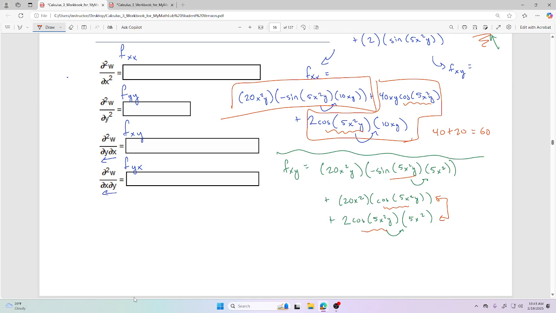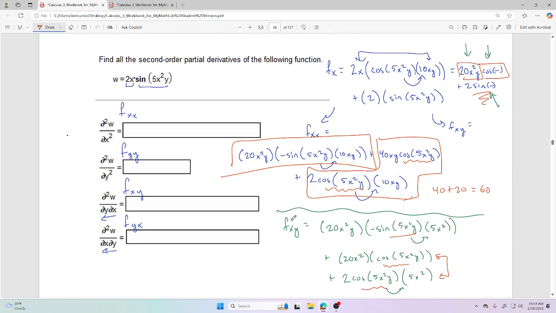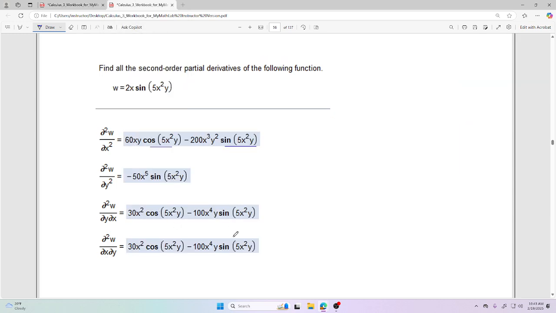Did I mess up somewhere? I must have messed up somewhere. Oh, gosh. What am I thinking? You're right. I'm doing XY. I'm doing this one. Oh.